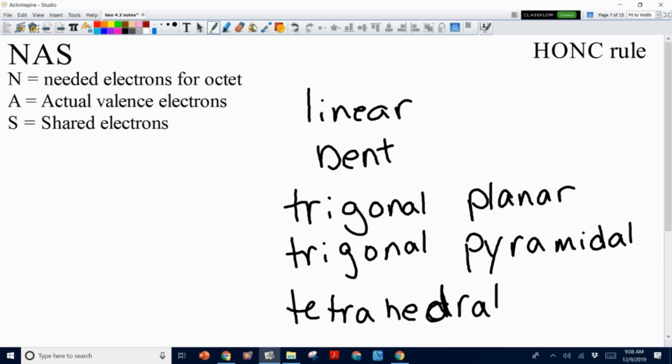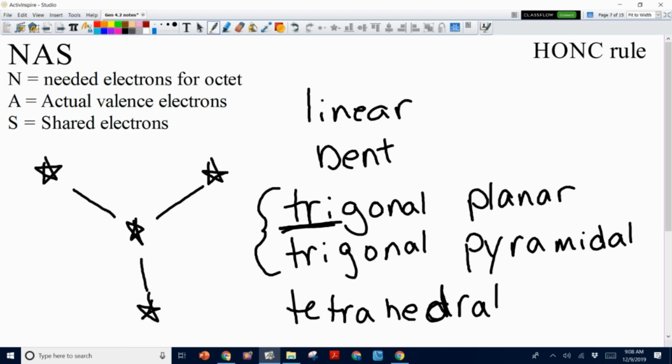Okay, so if we remember, the prefix tri means 3. So in both of these, you're going to have a center atom and 3 other atoms are going to be attached to it. Tetra means 4. So you're going to have a center atom and then 4 elements are going to be attached to it.